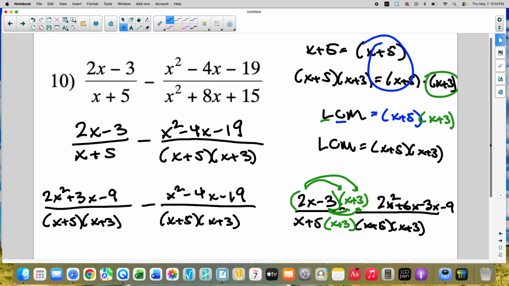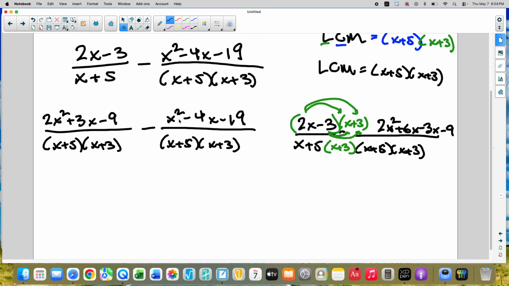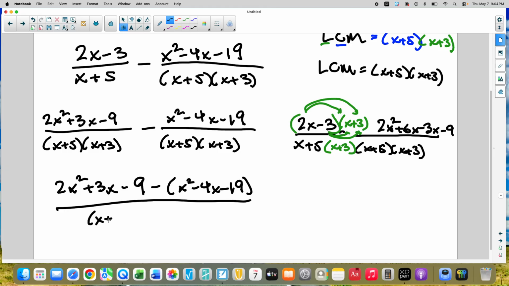All right, now we have like denominators. Let's take the numerators and put them over one denominator. Minus, now that minus, I have to do parentheses, all over x plus 5, x plus 3. Let's distribute this negative.